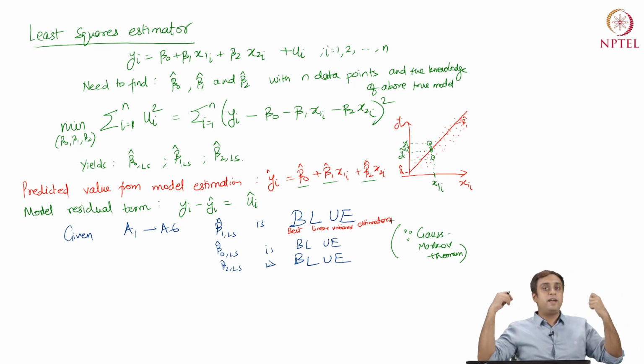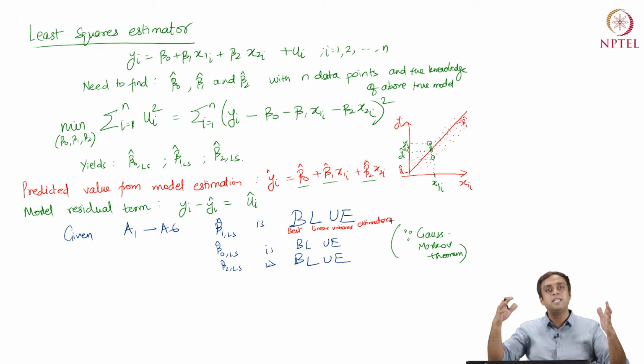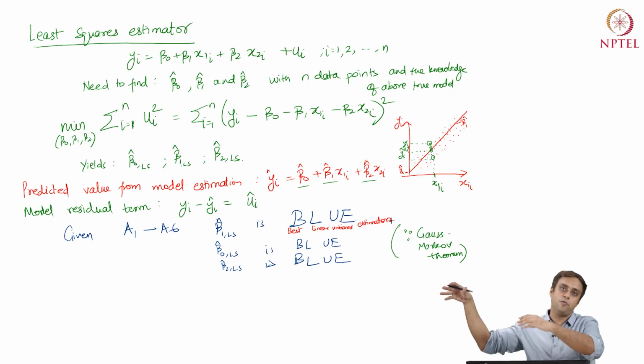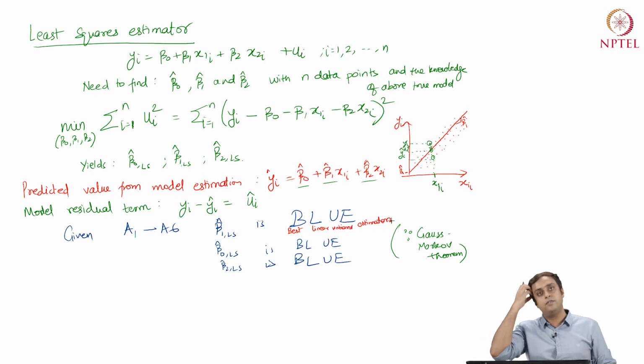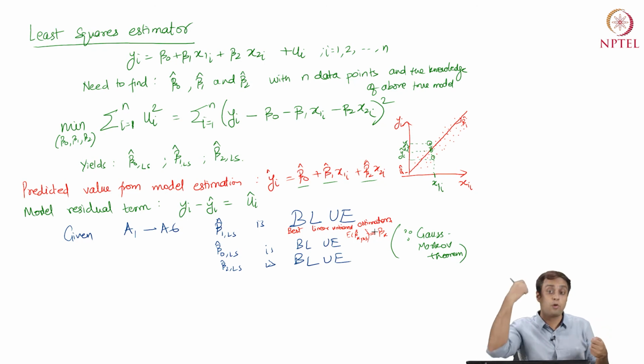What we mean by best, we will look at as we walk through different parts of this course. Unbiased means that the expectation of beta k hat least squares is exactly equal to the true beta k, which is the truth.